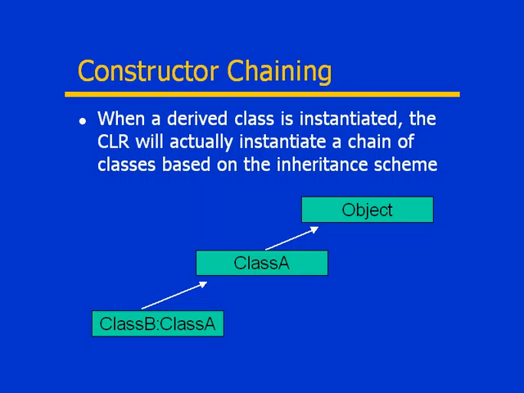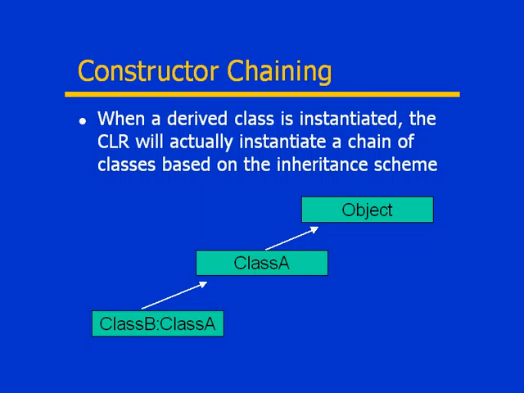When you create an instance of a class in C#, you are always creating at least two objects: your base class itself and class object. Okay? Because remember that every class derives at some level from object. However, if your class were to derive from another class which derives from object, then when you create an instance of your class, it actually creates an instance of three classes.